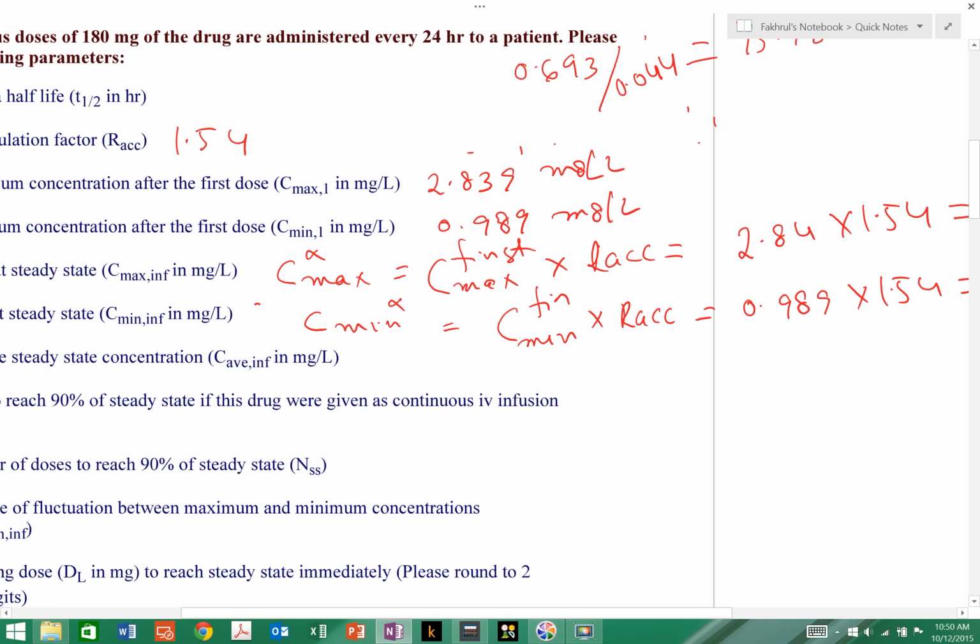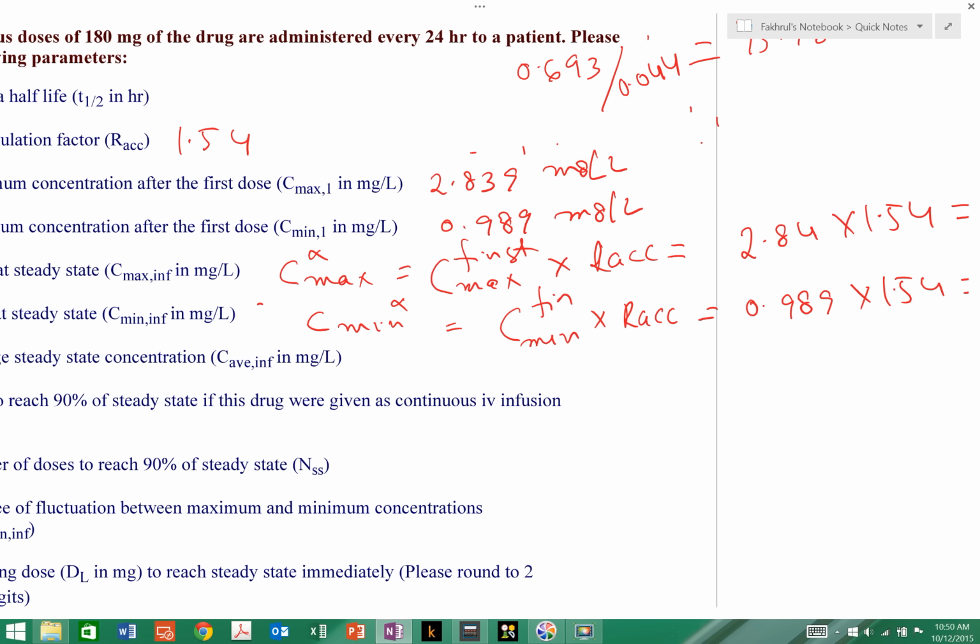So now we have our Cmax at infinity and Cmin at infinity. Let's write down those values here.